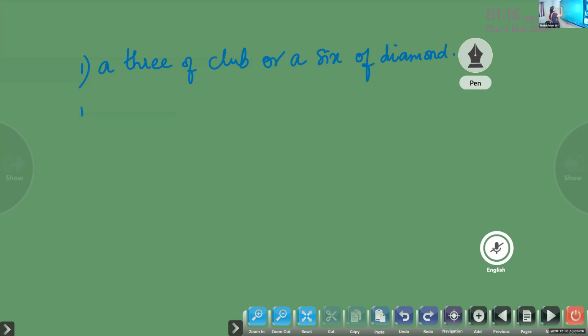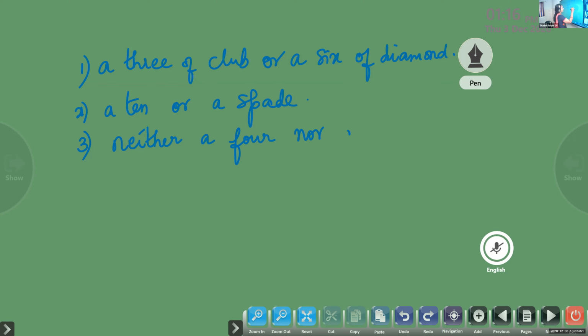Second one, a 10 or a spade. Third one, neither a 4 nor a club.